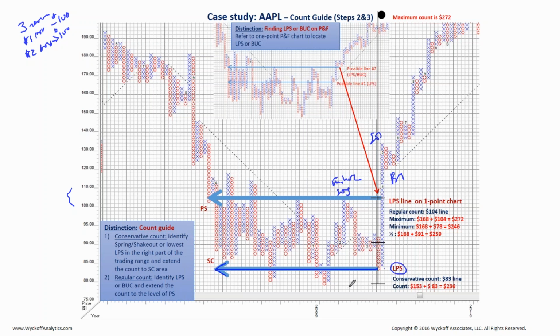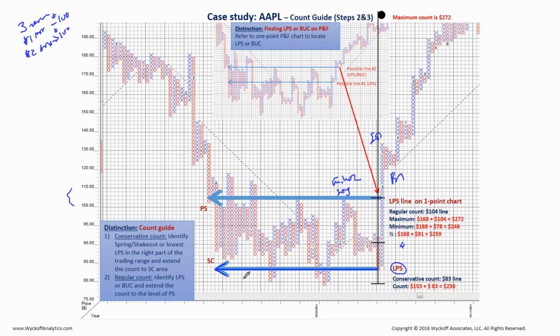Because it's a 3-box reversal, it takes three points to reverse the trend. It's got to go in the opposite direction by 3 points before you can go over a column.